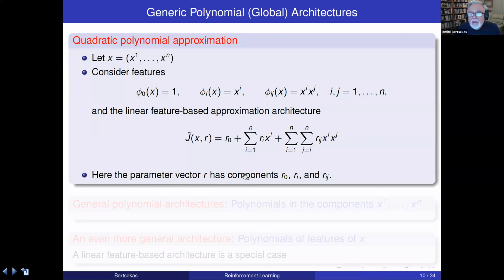So that's the parameter vector. It has all these components. And by adjusting these components, we can build quadratic approximations of cost functions of states that have n components. This is a pretty general method, and we don't need to know special features. These are generic features.